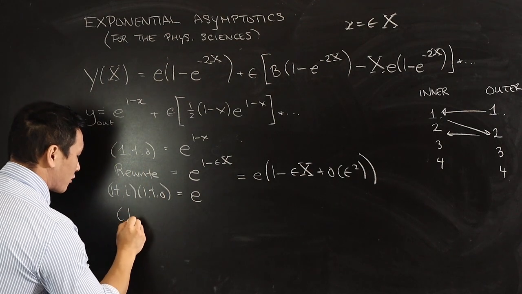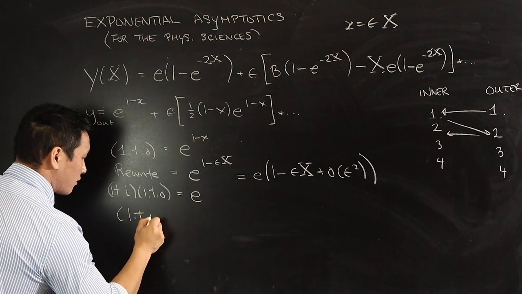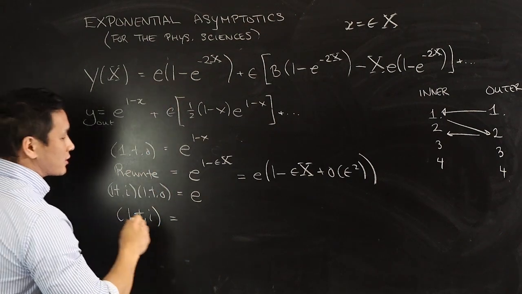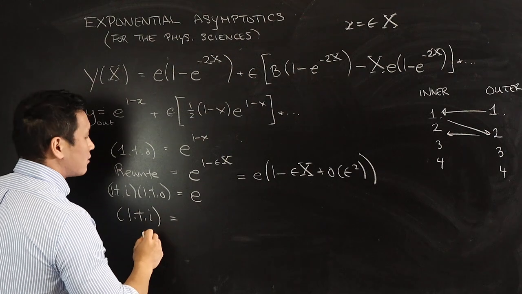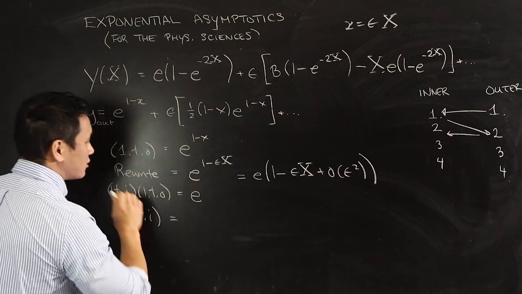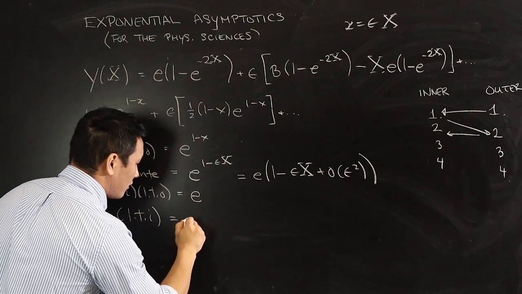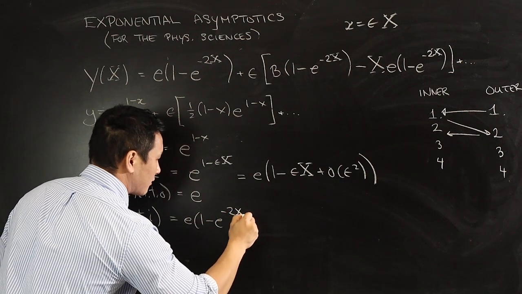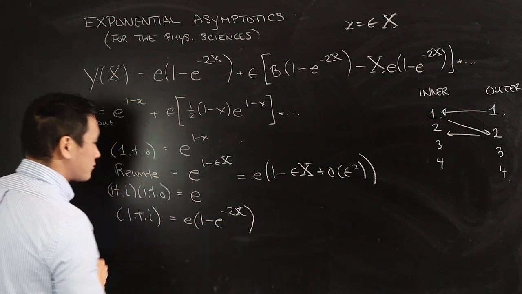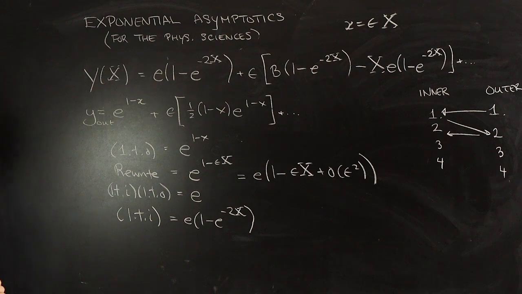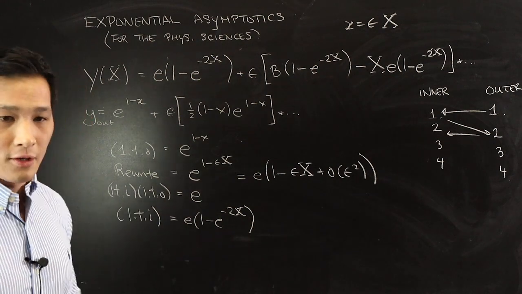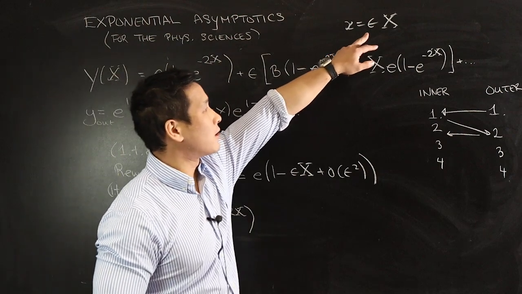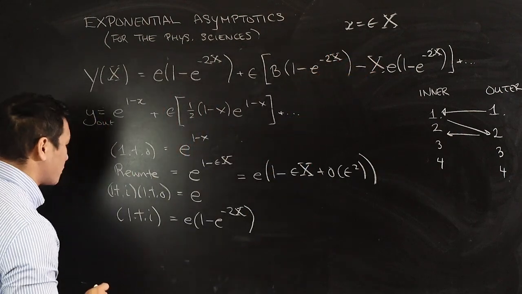So now if I go to the one term inner, that's this one here. Let's do it as we've written it there. e times 1 minus e to the minus 2 times big X. Okay, it's a bit bright there, isn't it? So now I'm going to rewrite this expression with the outer transformation.